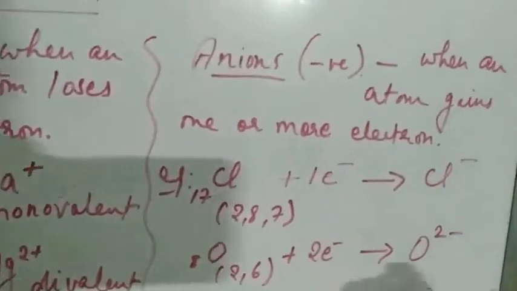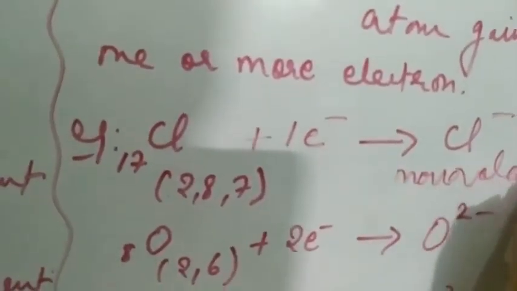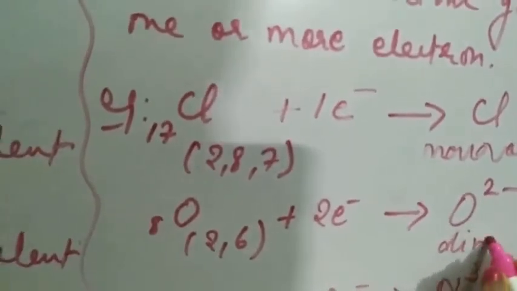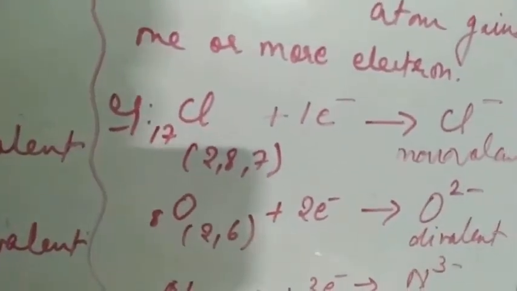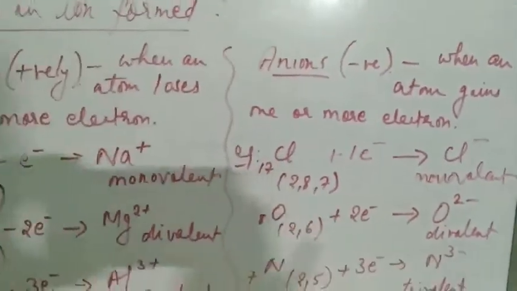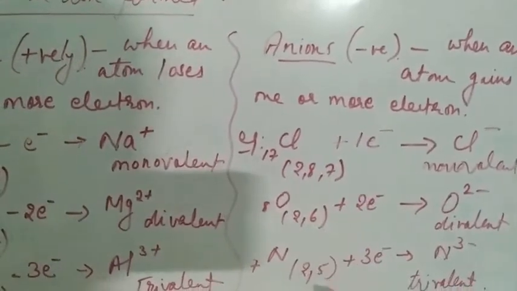So this is a monovalent anion, this is a divalent anion, and this is a trivalent anion. Are you getting? So here this is 2,8,7, 2,6 and 2,5.